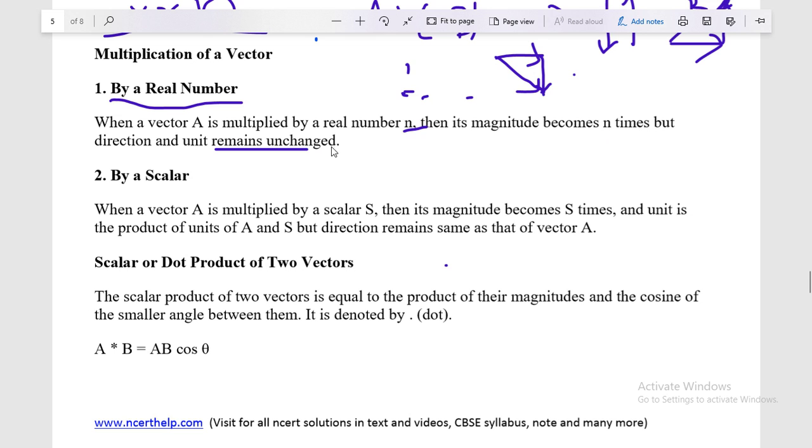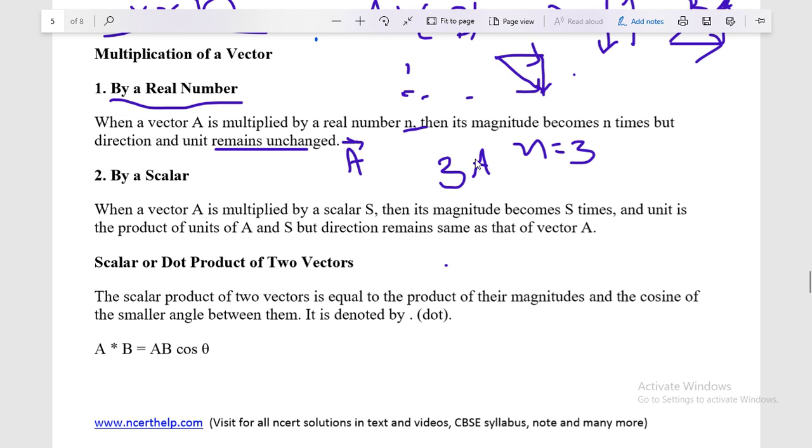Suppose this n is 3 and there is a vector a. If you multiply this vector a with 3, you will get 3a.